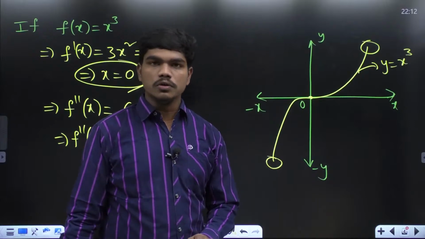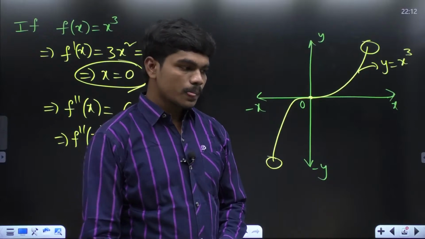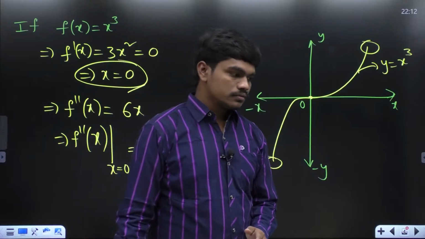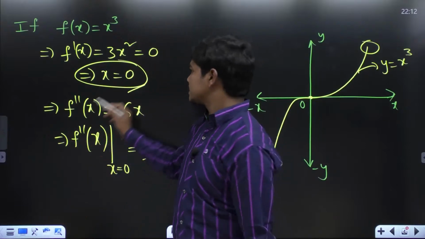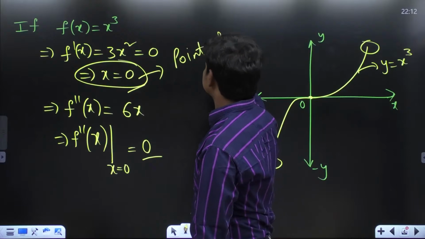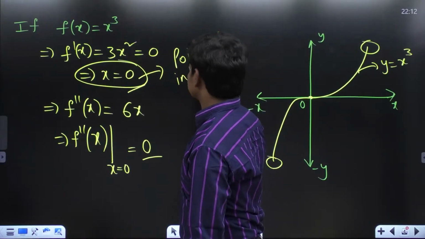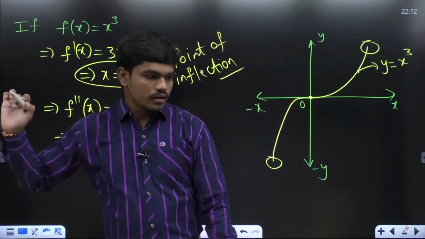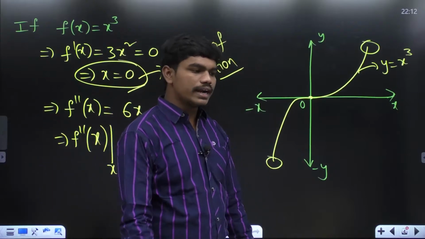Is that okay to all of you? Can we move ahead from this point? And we say this x equal to 0 is called a point of inflection or critical point for this function. Fine to all of you? Can I move ahead?